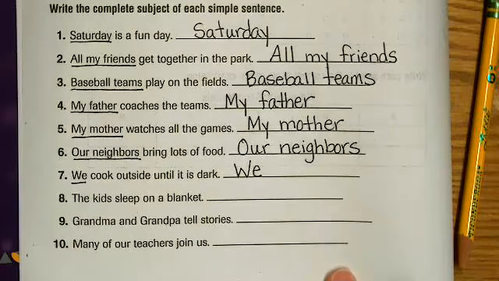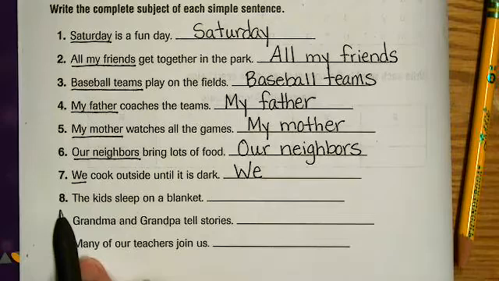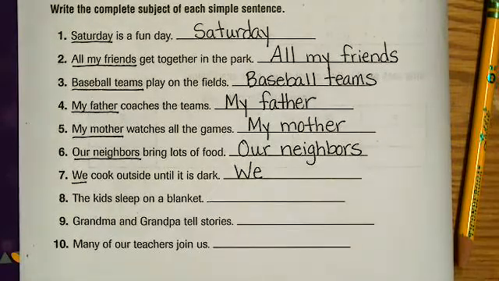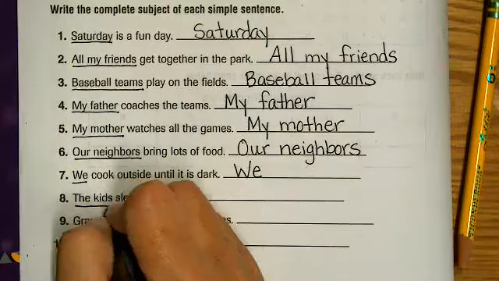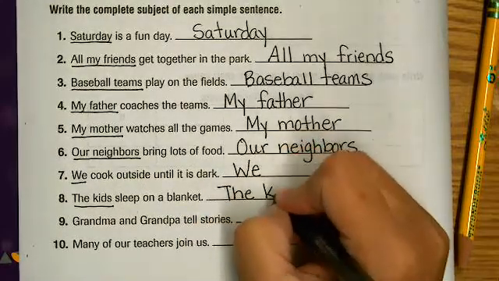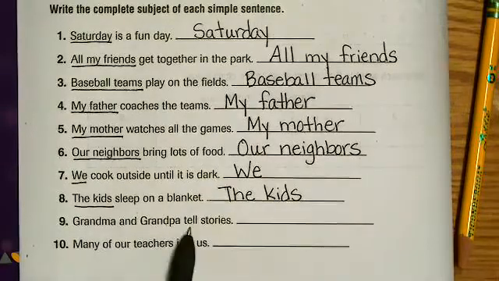All right, let's check answers for 8, 9, and 10. I hope you paused it and tried some on your own. Number 8, the kids sleep on a blanket. Who sleeps on a blanket? The kids. Number 9, Grandma and Grandpa tell stories.